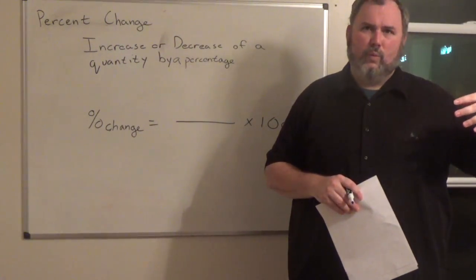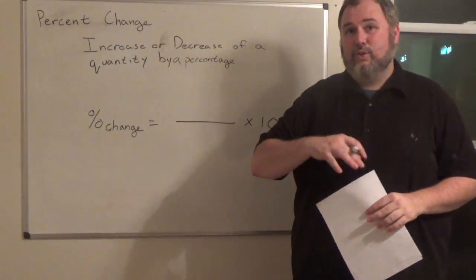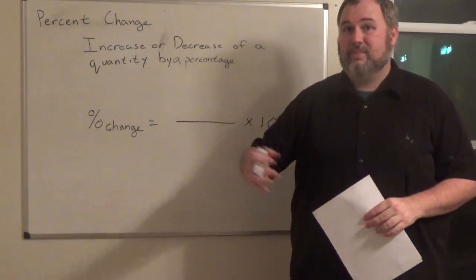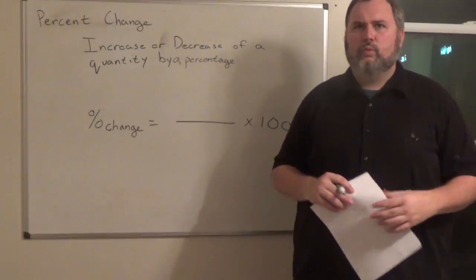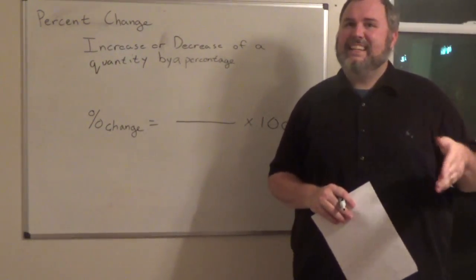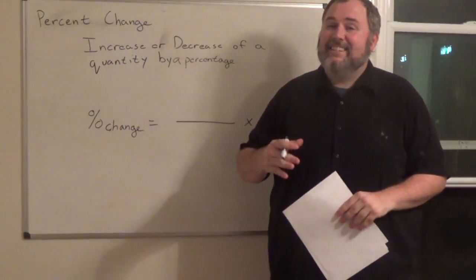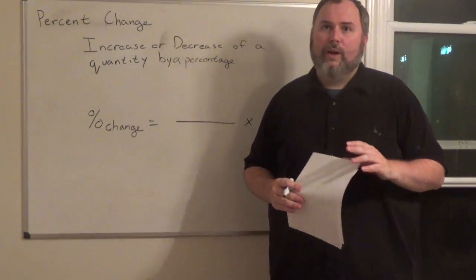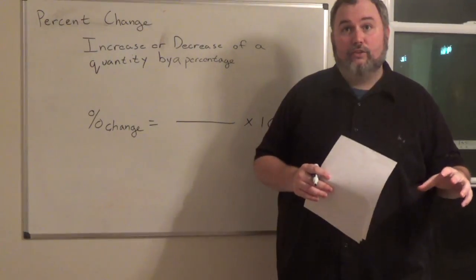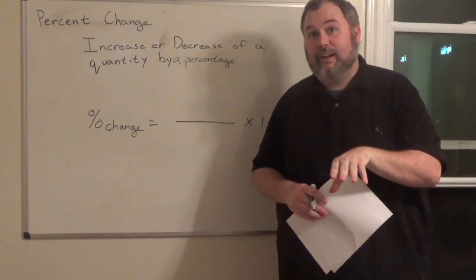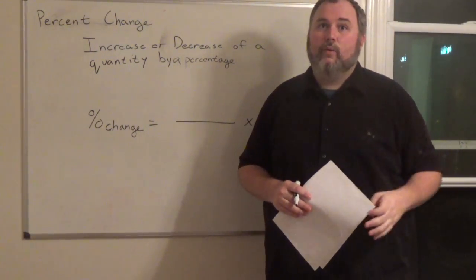It is changing from what it was before taxes to what it is after taxes. Or you go to Walmart and you're going to buy something, but it's on sale for 20% off or something like that. That is a percent change. It's going from what the normal price is to what the sale price is.